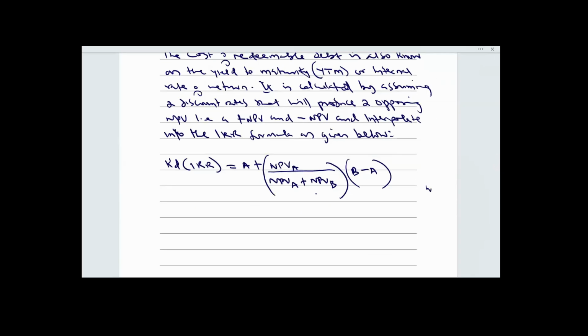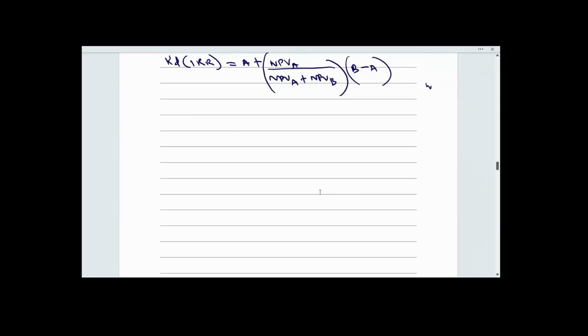So if that is the case, now one thing you need to know, I mentioned it earlier under the irredeemable debt, but let me put it down.